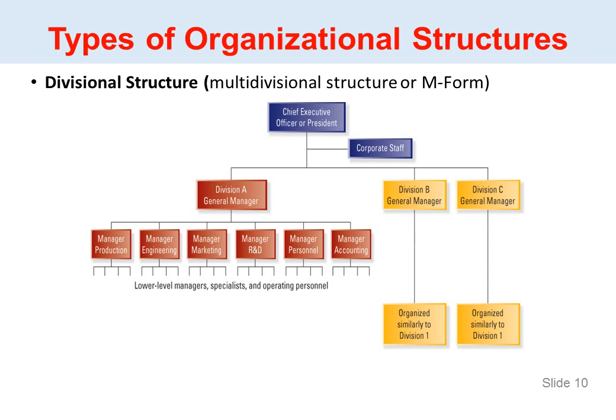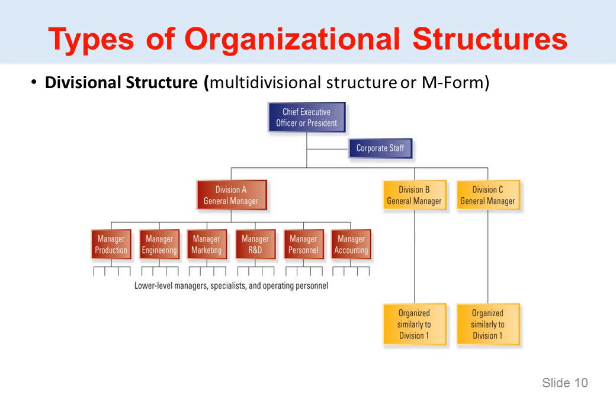We have division A, division B, division C. Each division has a general manager. The general manager has a lower level of managers and the employees. Each division has the same structure as the first division.